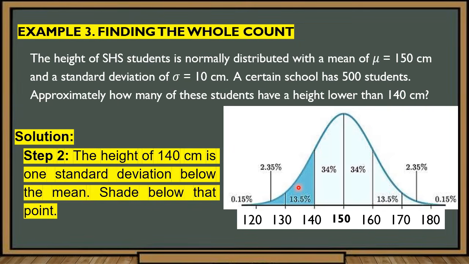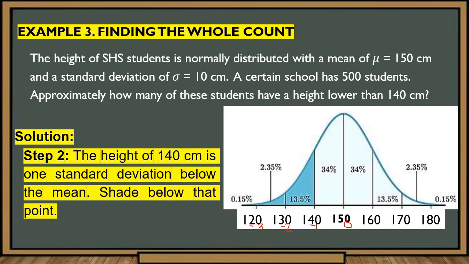And from our previous discussions, we already identified that if this is our mean, which is 0, this is negative 1 standard deviation, this is negative 2, and this is negative 3.